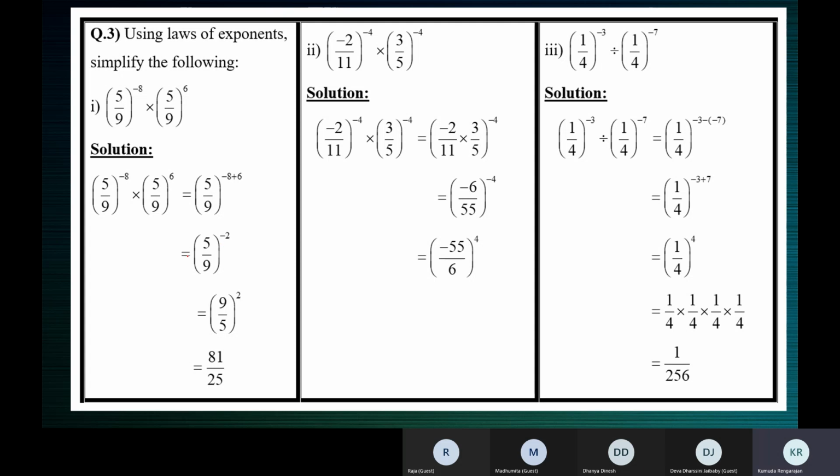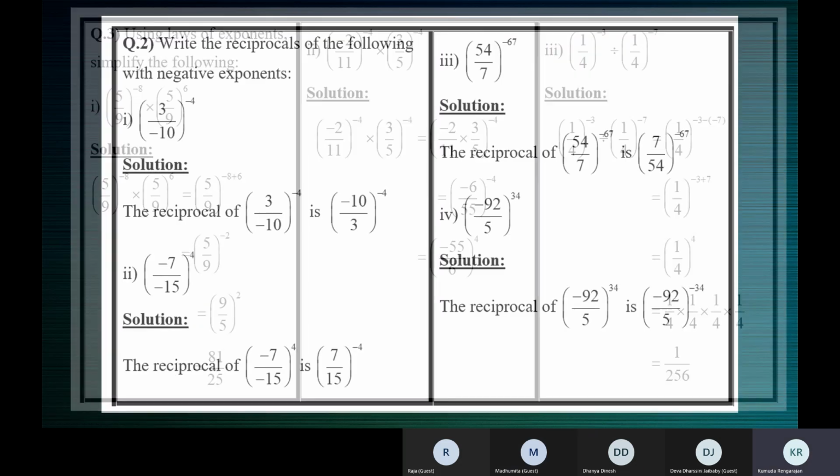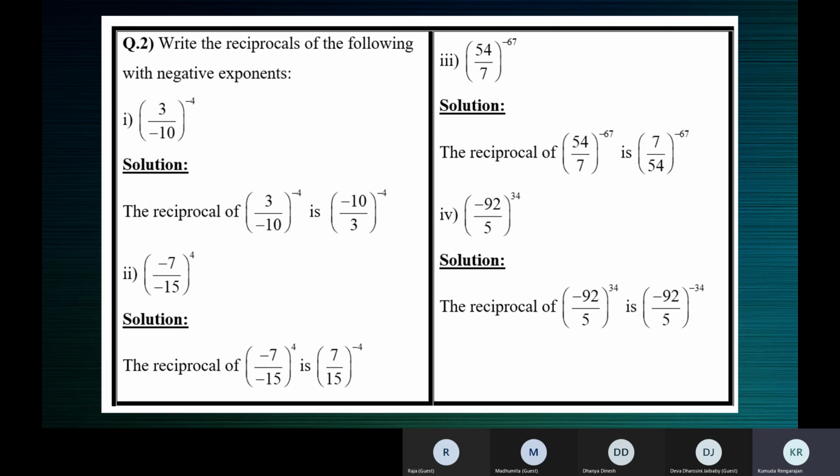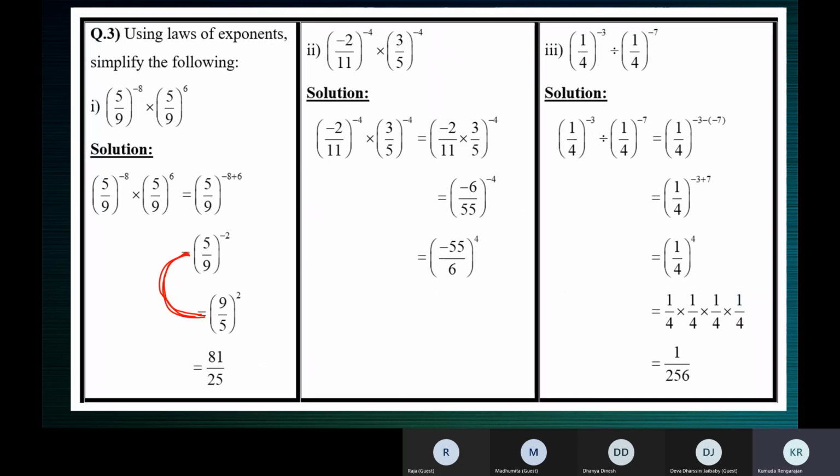So let us write this in a different way. We write the equivalent of this here, not the reciprocal. Only if you're asked to write the reciprocal, like in the earlier questions, should you write the reciprocal. Otherwise, when you're simplifying, you must write the equivalent.